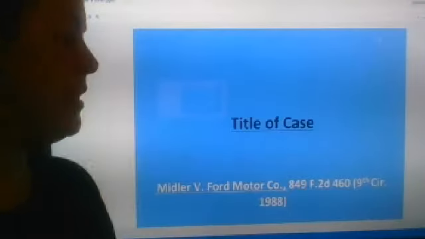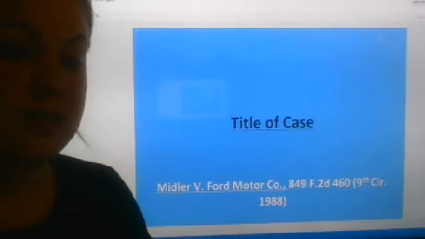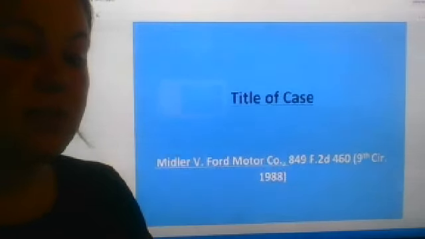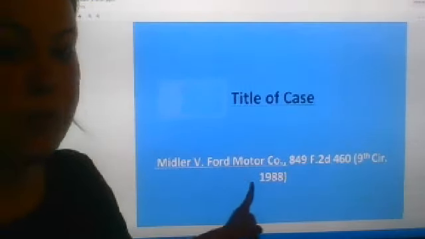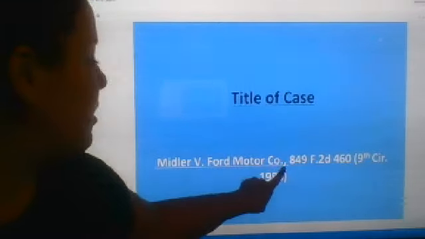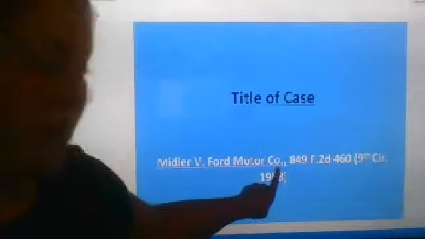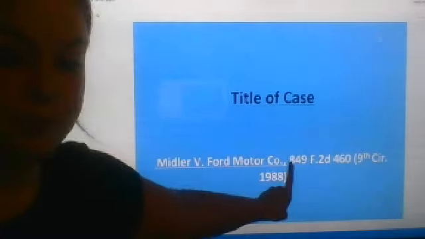So when you start a brief, the first thing you're going to need to do is learn how to write the title of the case. In this particular case that I'm using, it's Bette Midler, so it's Midler v. Ford Motor Company. You need to put a period after the very end of the name of the trial and a comma, and it should all be underlined to the comma.